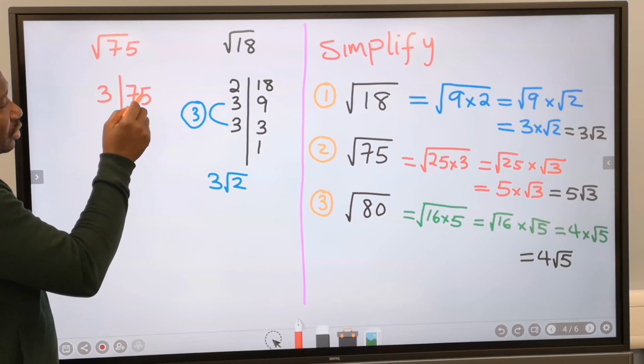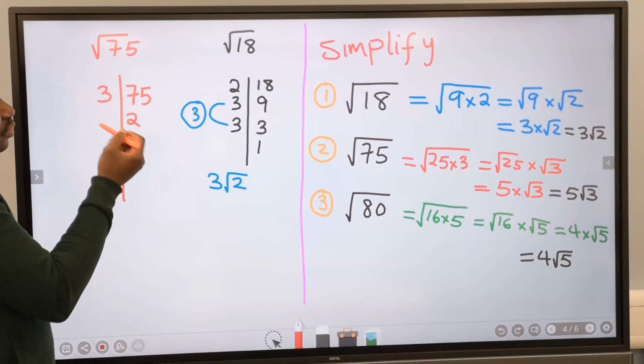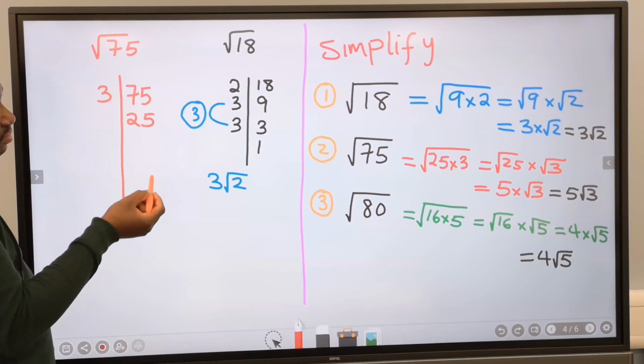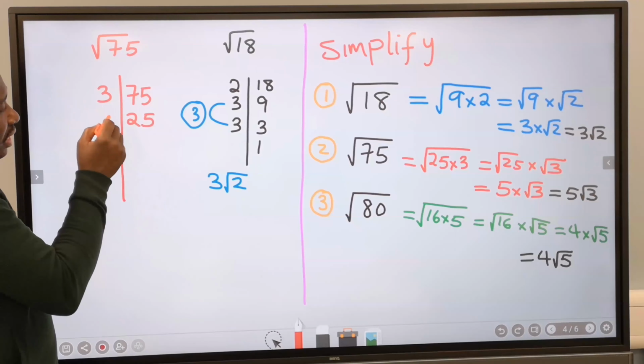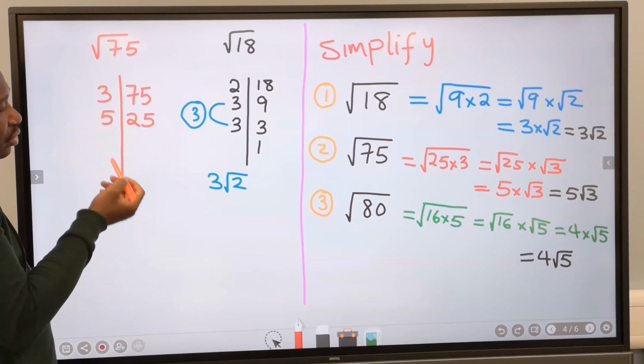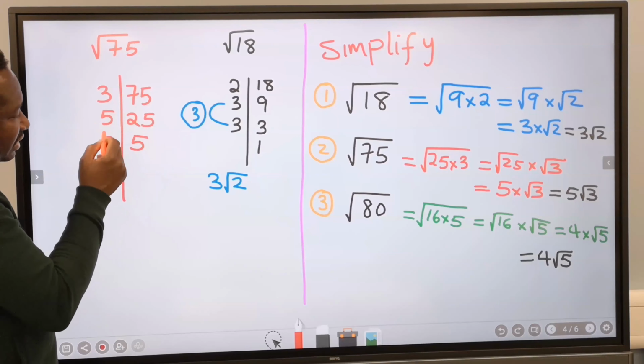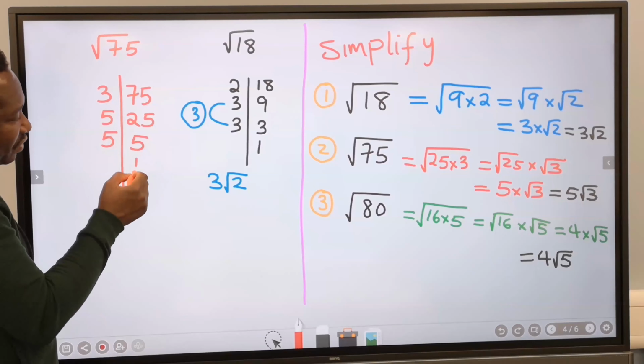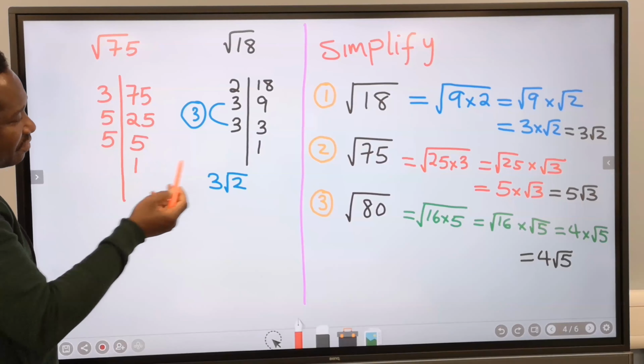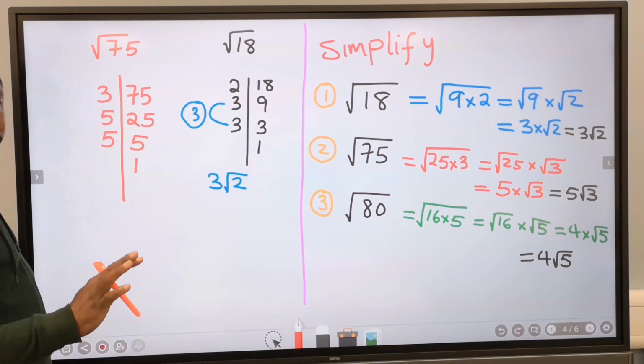Put the 1 here, it is going to be 15. 3 into 15 is 5. Next, 3 cannot go, 4 cannot go, but 5 will go. 5 into 25 is 5. 5 can still go. 5 into 5 is 1. Whenever we have 1, we stop.